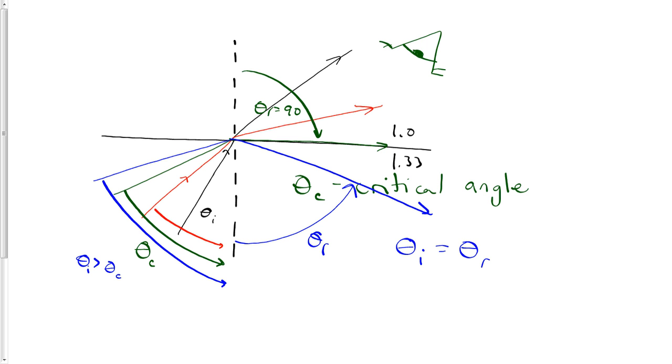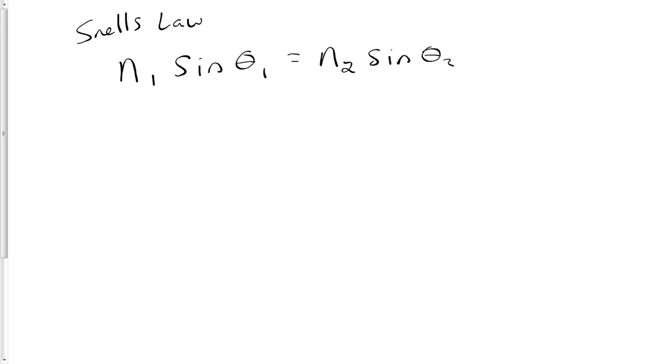So how do you calculate what a critical angle is? Well, if you remember Snell's law, it relates the index of refraction to the angle of incidence and angle of refraction. At the critical angle, what's the refraction angle? 90 degrees.